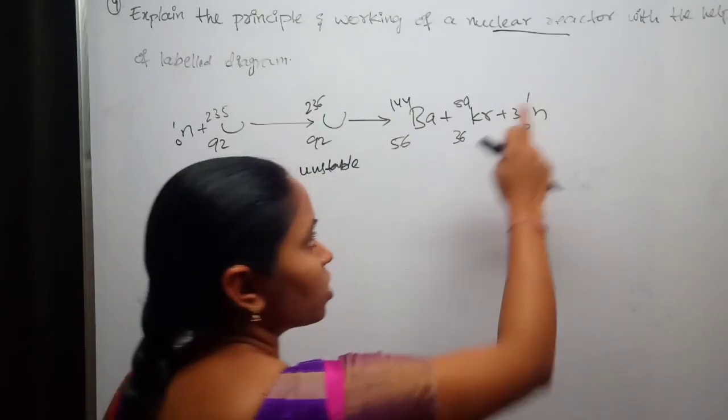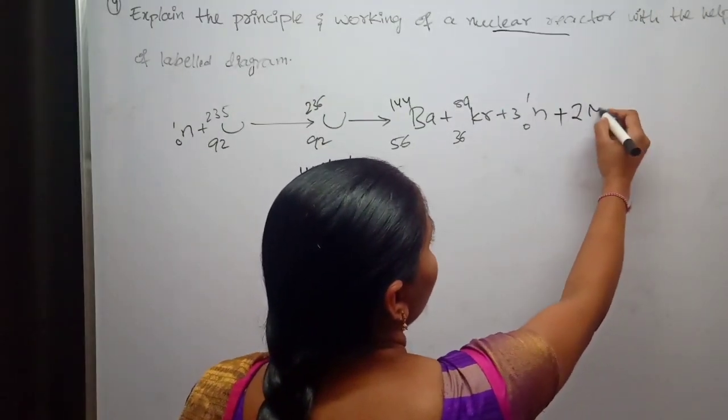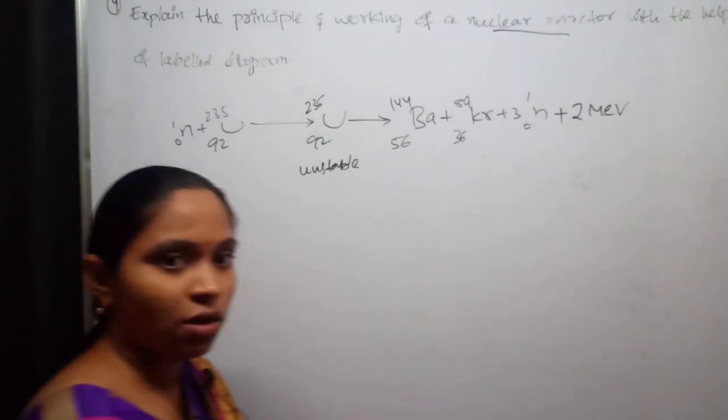Plus 3 more neutrons are produced. With these 3 more neutrons we will also have 2 mega electron volts of energy.